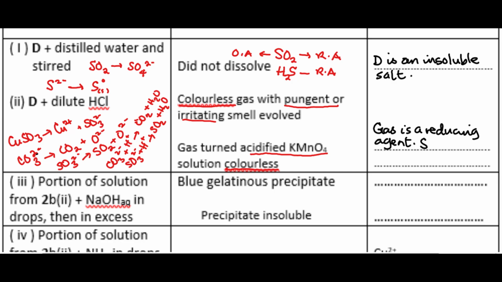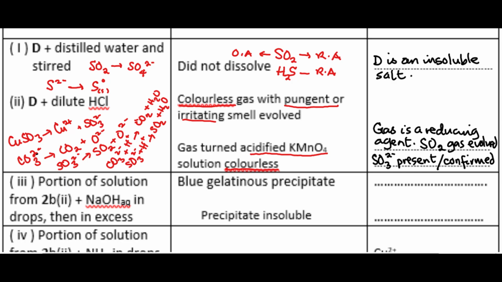The SO2 gas evolved. So which ion will produce SO2 gas in a reaction? That will be SO3 2- present, or you can say confirmed.